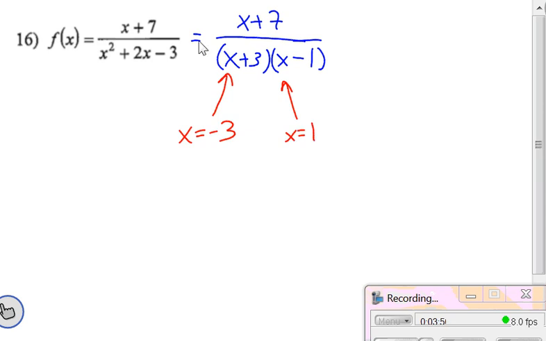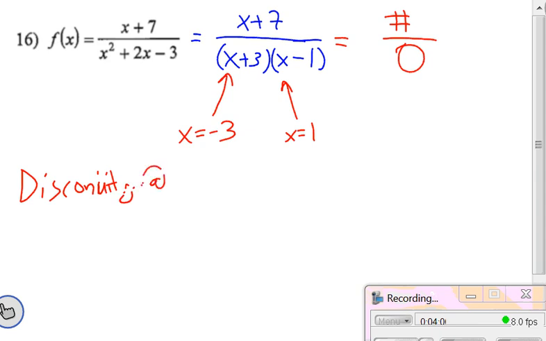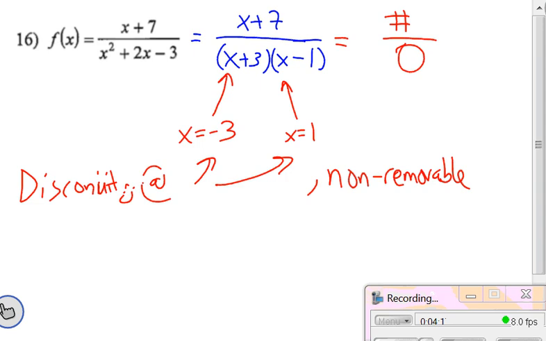Both of those would produce a number up top and 0 on the bottom, which means they're both vertical asymptotes. So there's discontinuity at x equals -3 and x equals 1, and they're both non-removable because they're both vertical asymptotes.